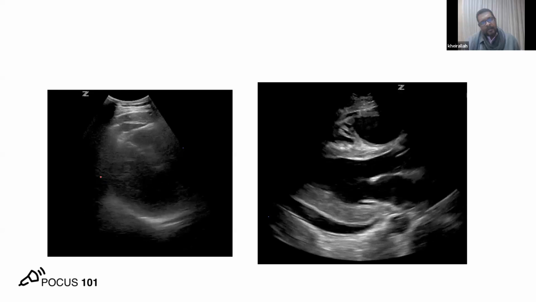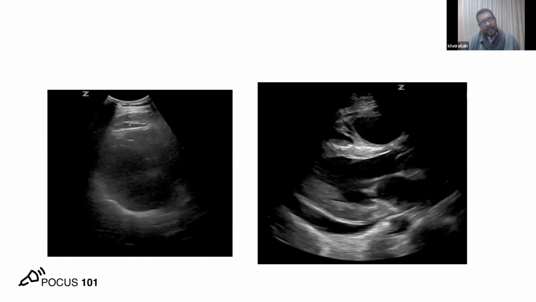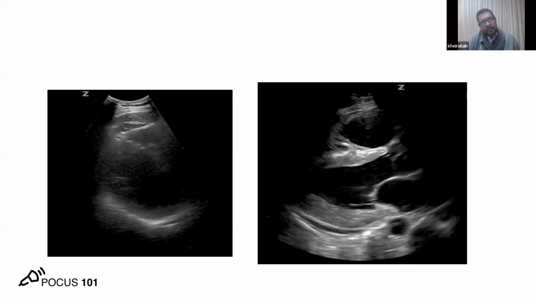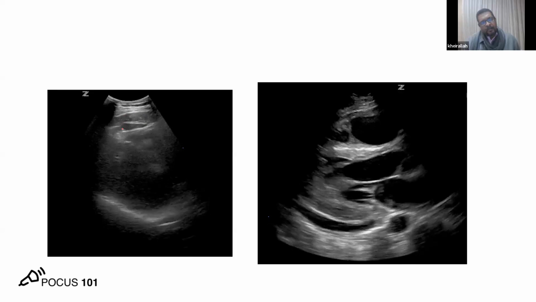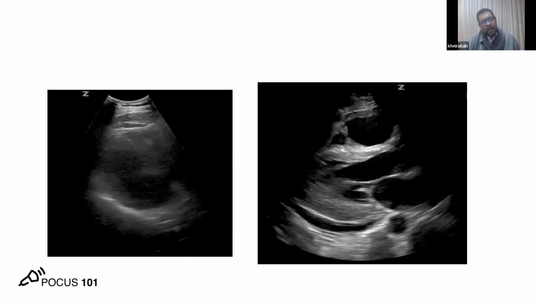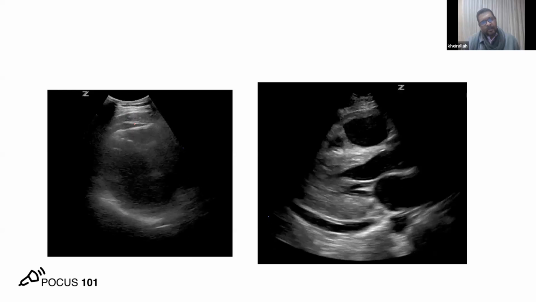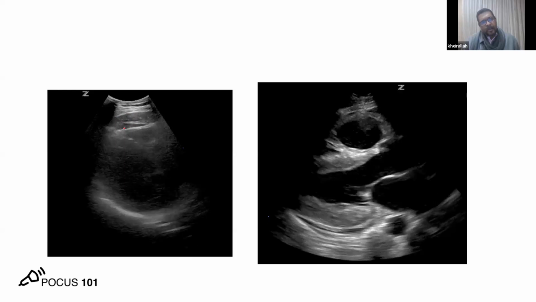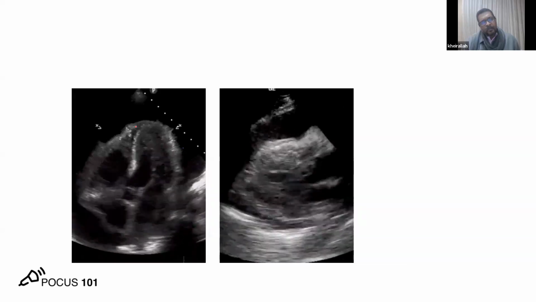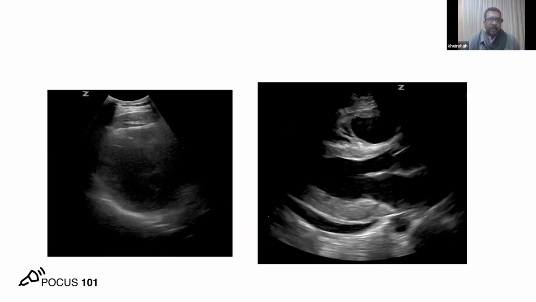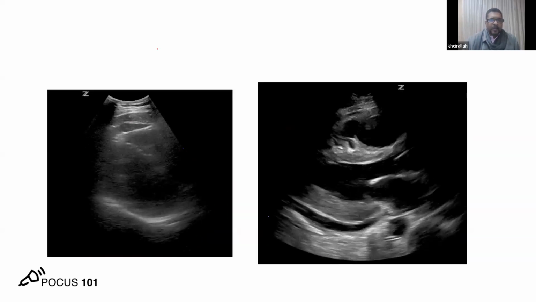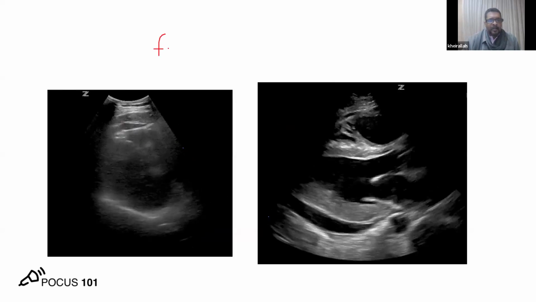Again, the heart in the short axis, and there is something around the heart. Is it fluid? This is fluid. This is not fluid, this is fat. Good.